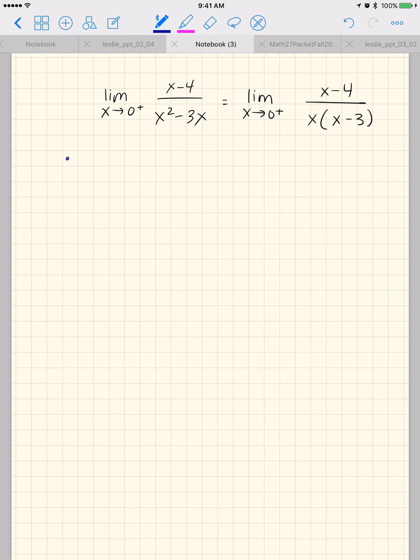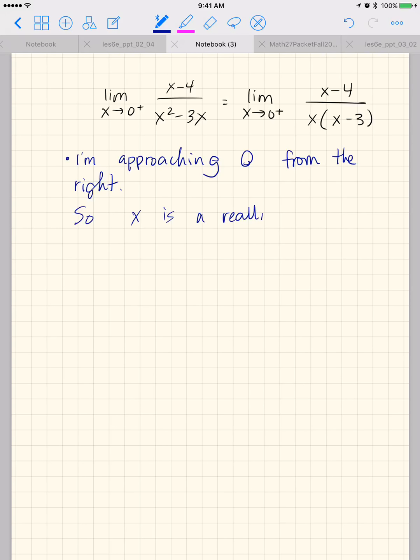So here's what you say. I'm approaching 0 from the right. So that means that x is a really small positive number. Okay?